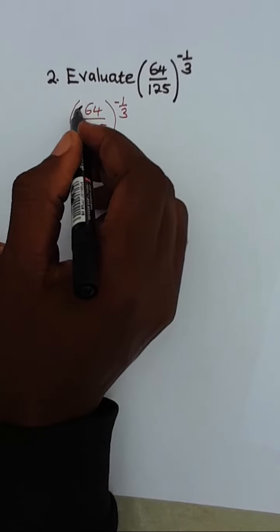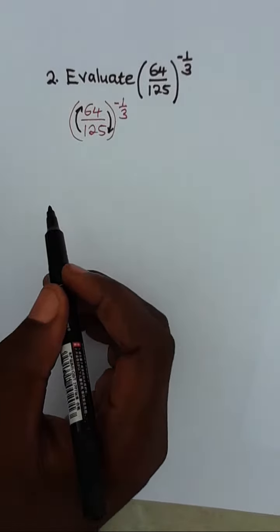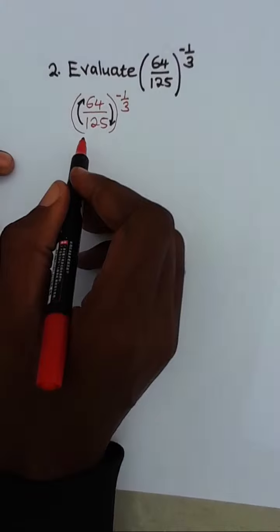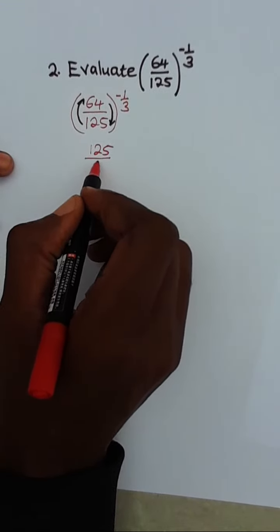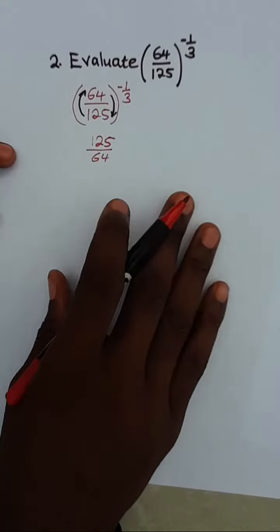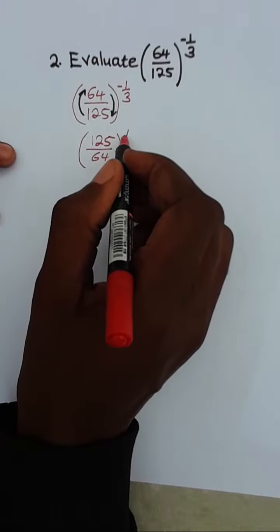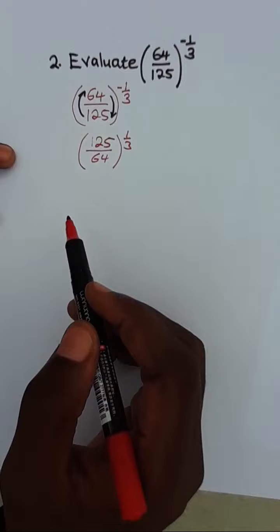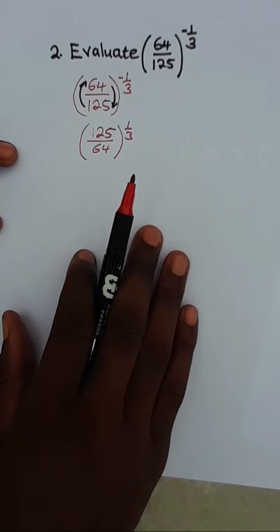Take the numerator down and the denominator up. So what we're going to have is 125 over 64 raised to the power 1 over 3. Now the power has become positive. That's the first step that you are supposed to do.